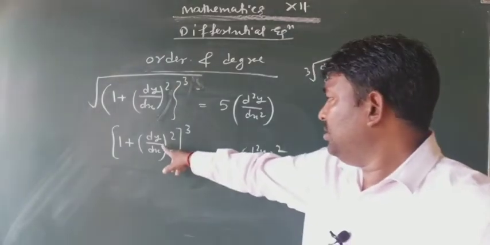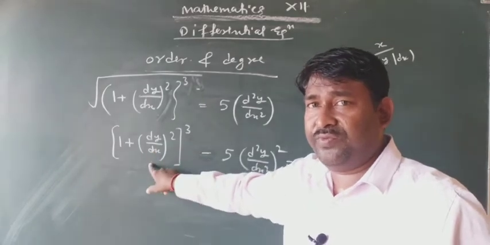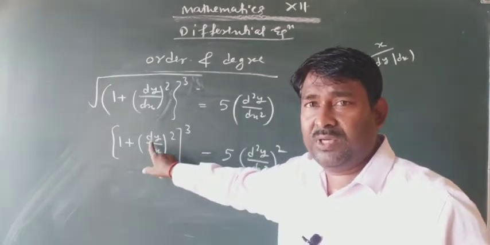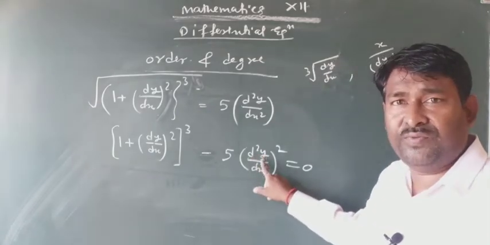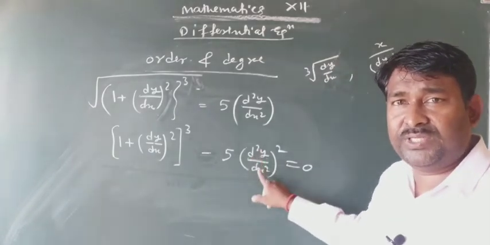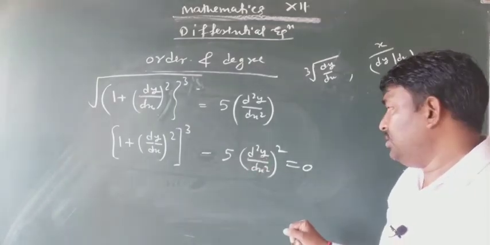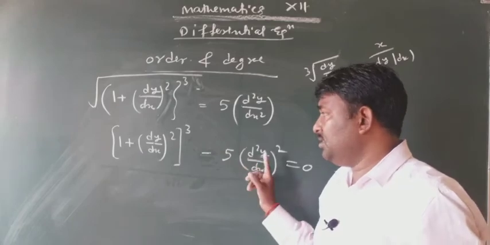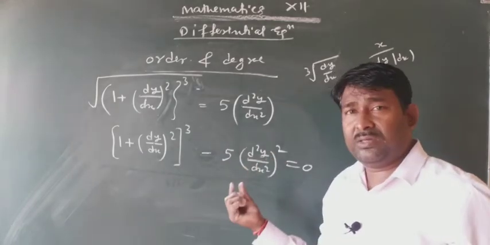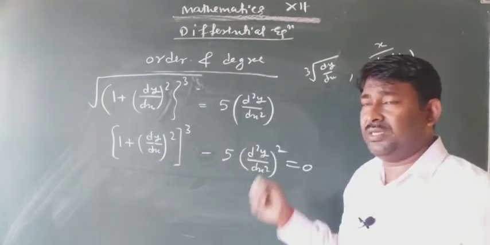Here dy by dx, the first differential coefficient of the dependent variable, is present. Here the second derivative of y, the second differential coefficient of the dependent variable, is present. So the second differential coefficient is the factor which will decide the order and degree.